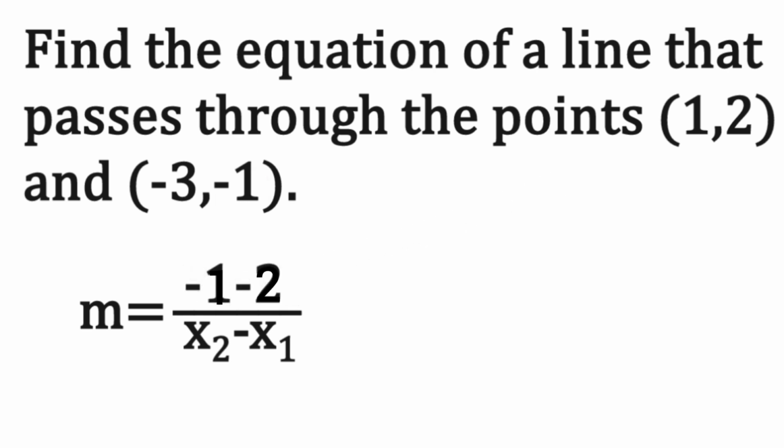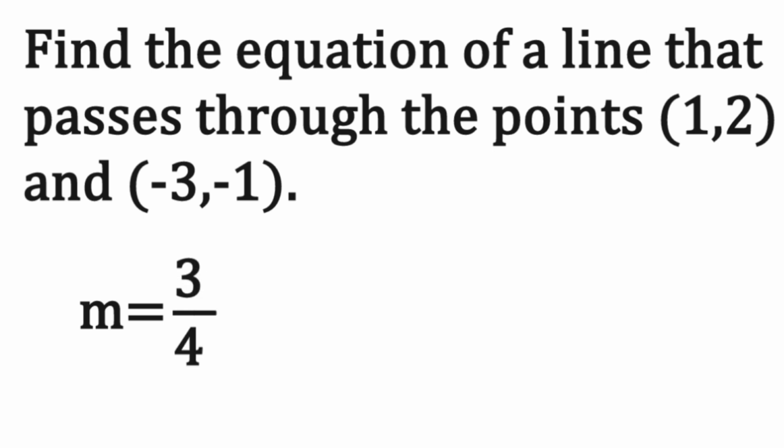So substituting, we have -1 minus 2 for y, then for x, we have -3 minus 1. Simplifying, this is -3 over -4, and since negative over negative is positive, this is 3/4, and this is our slope.